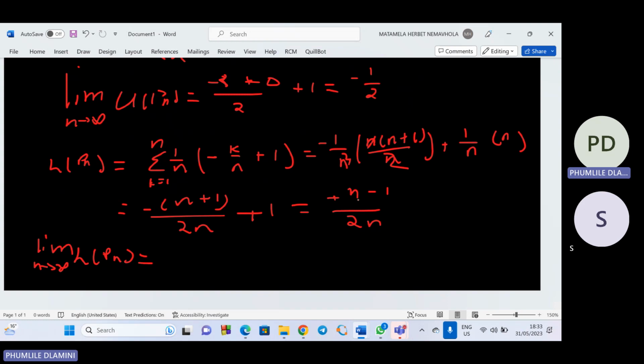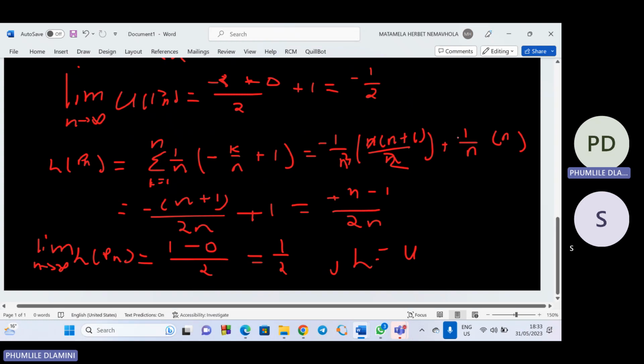We divide everything there by 2n. It's going to be 1 minus 0 over 2, which is exactly equal to 1 over 2. Therefore, we can just say L equals U. Then it means that this function f of x is Riemann integrable.